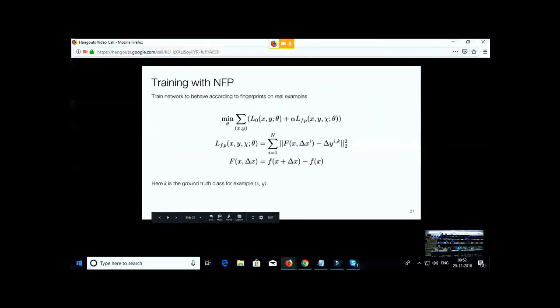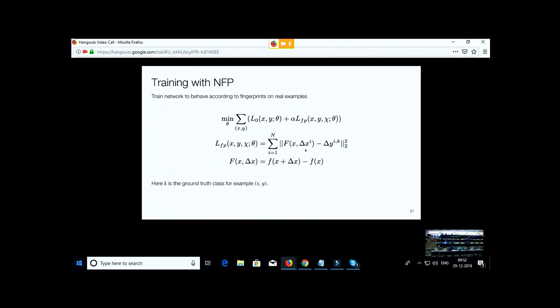Okay, so how do you train a network to do this? You basically train a network to behave according to the fingerprints on real examples. So if I'm training a network, I have my original classification loss, and I'm going to add this fingerprint loss.